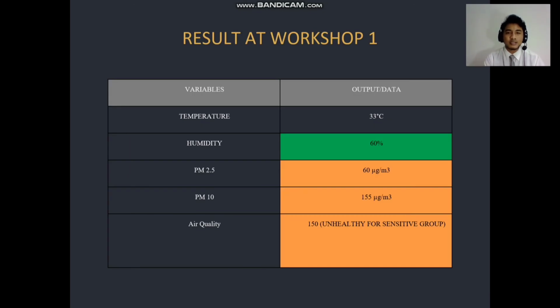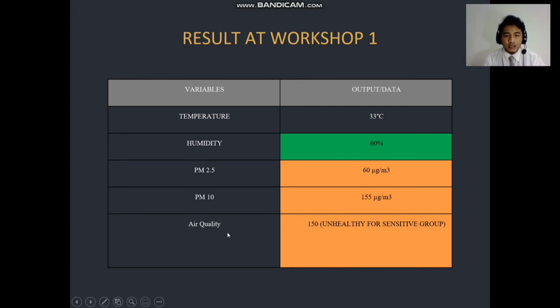Okay, this is my result at workshop 1. For number one, the temperature is 33 degrees Celsius and the humidity is 60%, PM 2.5 is 60 and PM 10 is 155.